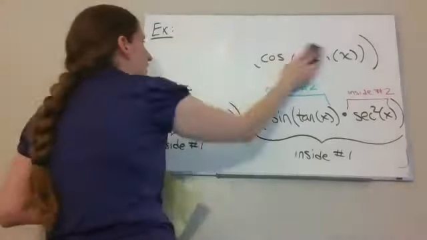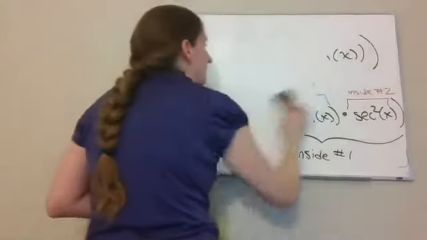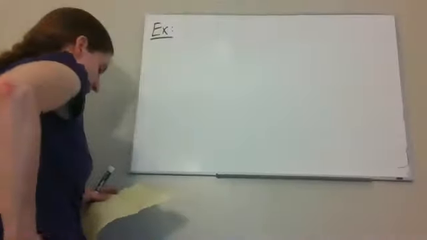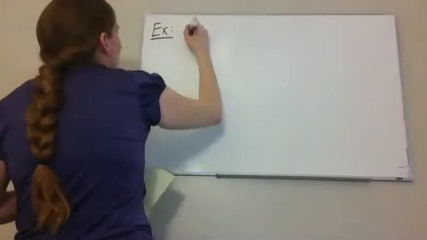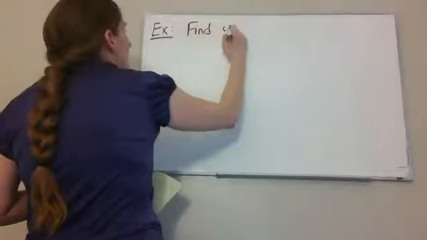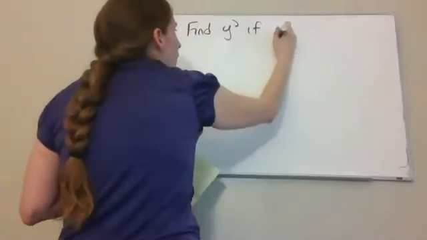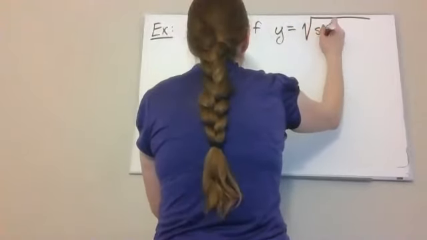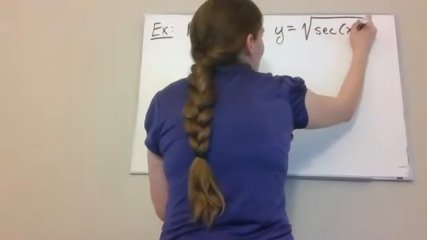Let's do another nested chain rule, just to get a little extra practice. Find y prime if y equals the square root of secant of x to the third.